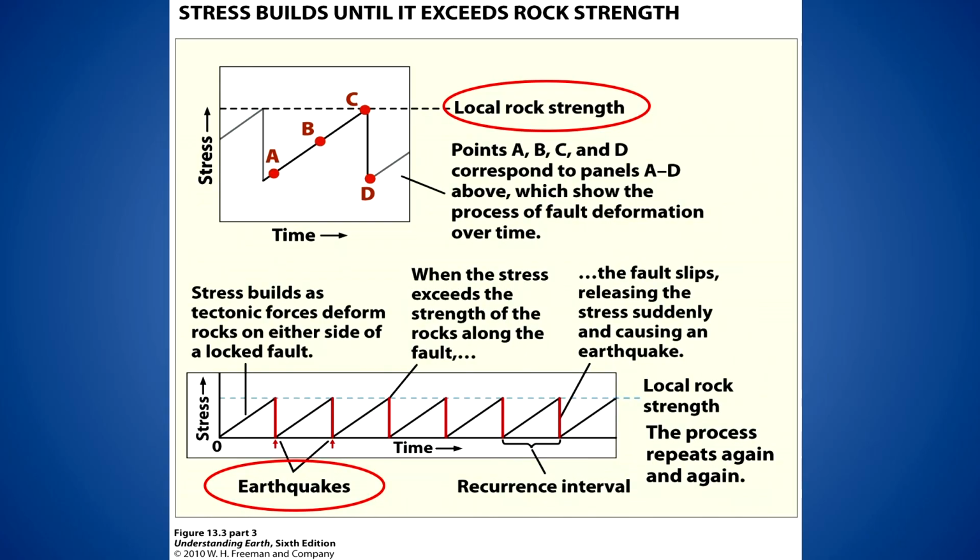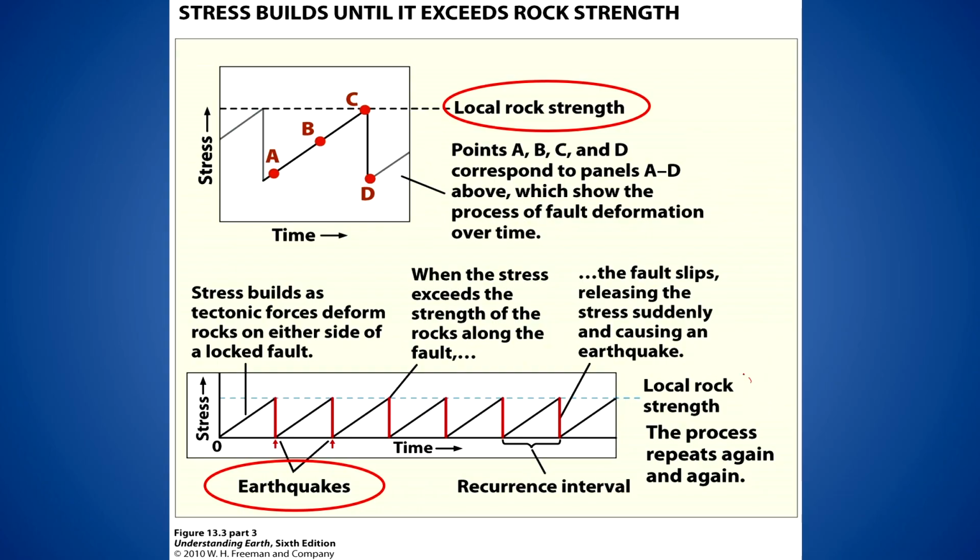Now, the point I was trying to explain here is that initially we thought this process is very periodical and systematic, and over time the energy is stored, that is, the stress is building up. So what it says is that the stress builds as tectonic forces deform the rocks on either side of the locked fault. The locked fault means this is the plane here, and the energy gets stored, so there is pressure building up here.